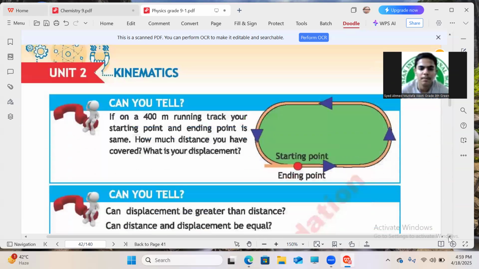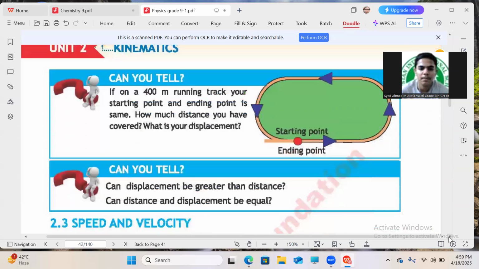So now, here is our question. Can you tell what the question is? Read this. If on a 400-meter running track your starting point and ending point are the same, how much distance have you covered?